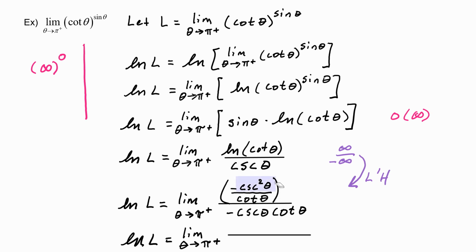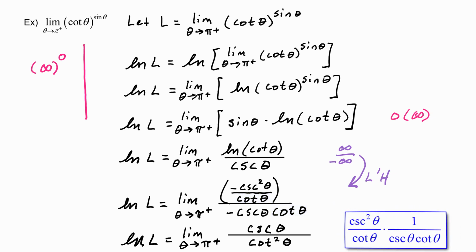We have a cosecant squared theta being divided by a cosecant theta, so we will have a cosecant theta left in the numerator, and then this cotangent theta in the denominator will multiply this cotangent theta in the denominator, and we have cotangent squared theta left in the denominator.